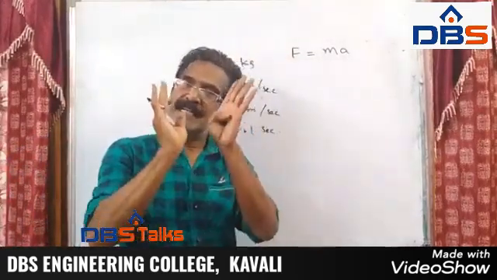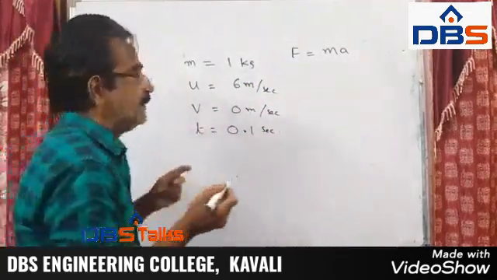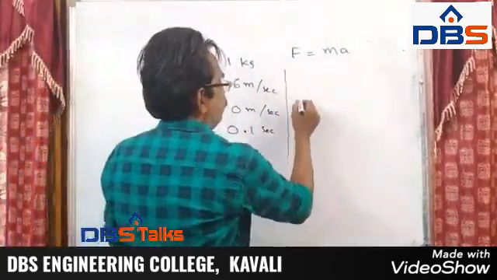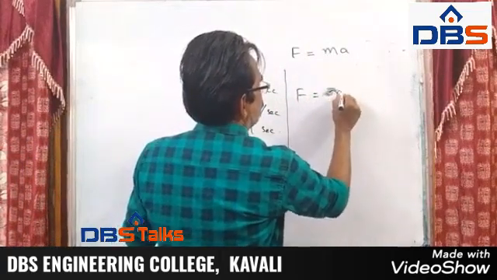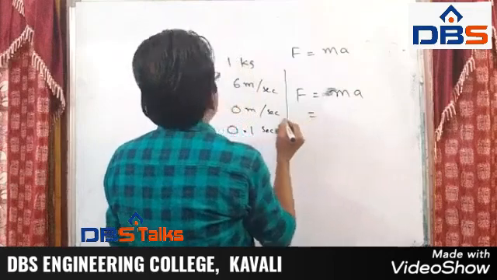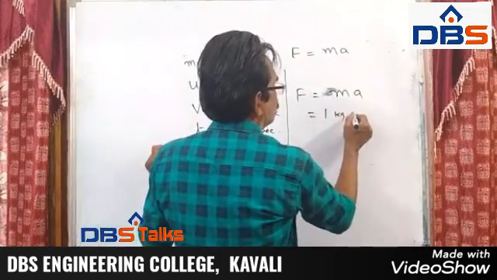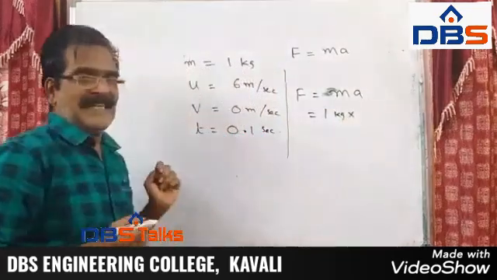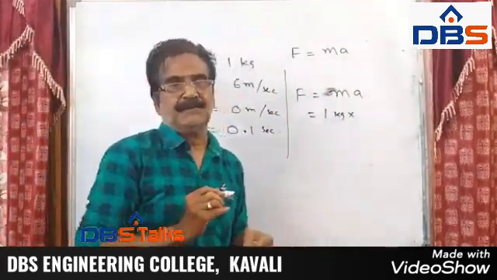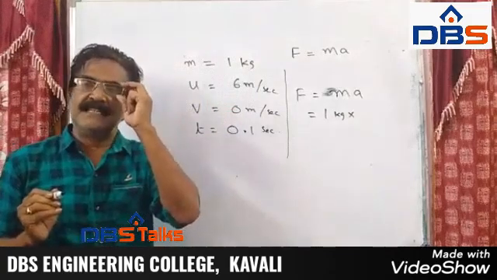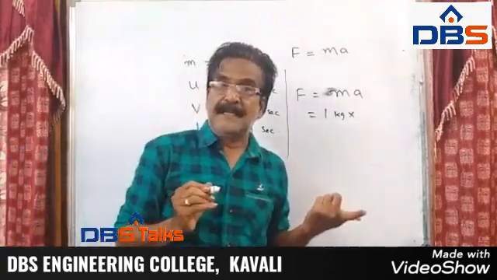So ultimately, what is to be found? Here we have to find F. F is equal to what, friends? F is equal to MA. Mass is given, no problem: 1 kg, into acceleration. Acceleration is nothing but change of velocity in a given time. The initial velocity is 6 meters per second.